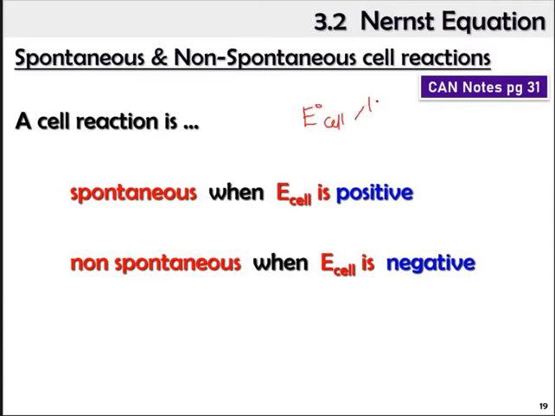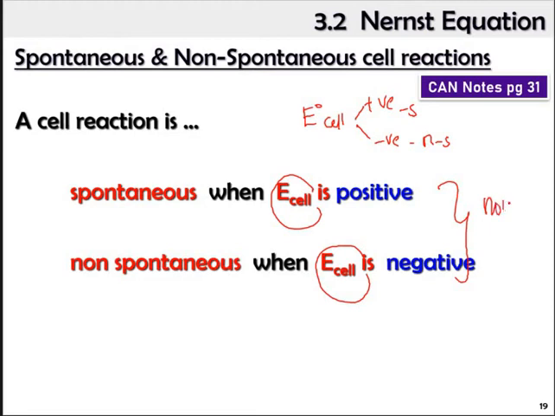Bila dia positive, it's spontaneous. When it is negative, it is non-spontaneous. But for non-standard condition, we refer to E cell, not E0 cell anymore. Non-standard, yang selain daripada 1 molar, selain 25 degree C, selain daripada 1 atm, itu adalah non-standard condition.